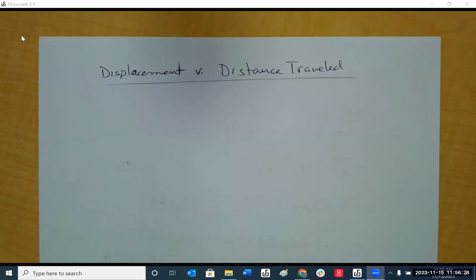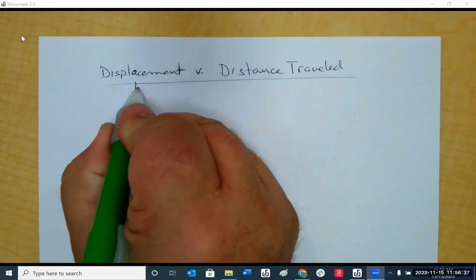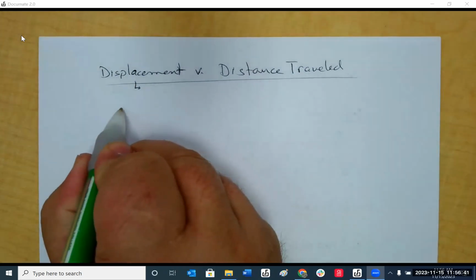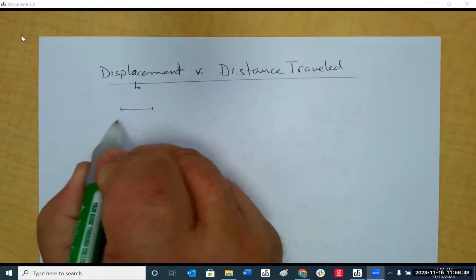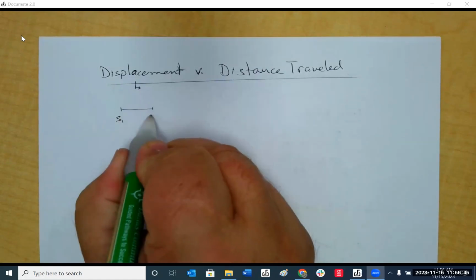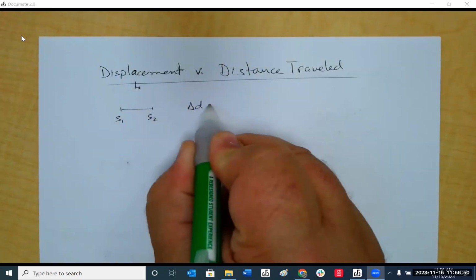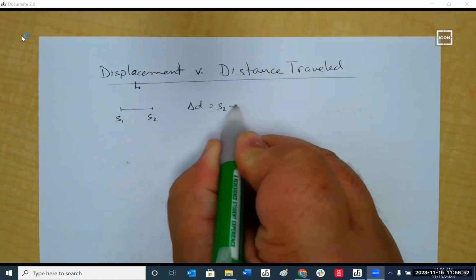Remember what displacement was? We talked about it in the movement. It's how far something moved from one point to another. So it's position 1, position 2. Displacement is the difference.